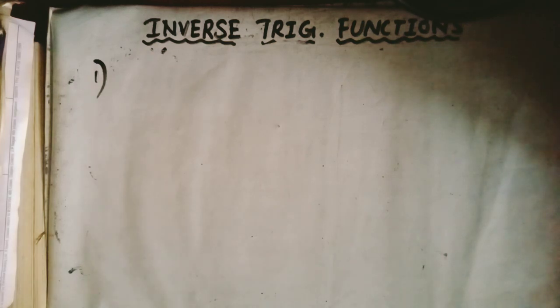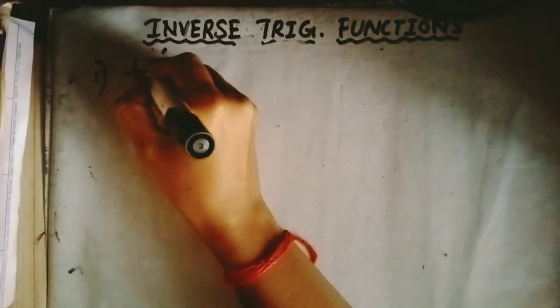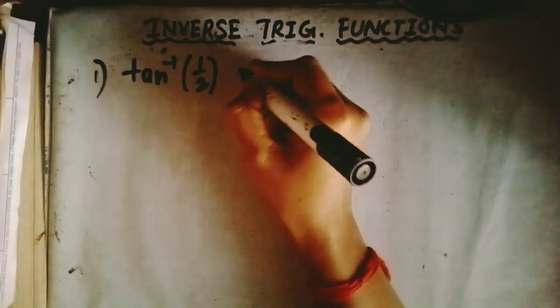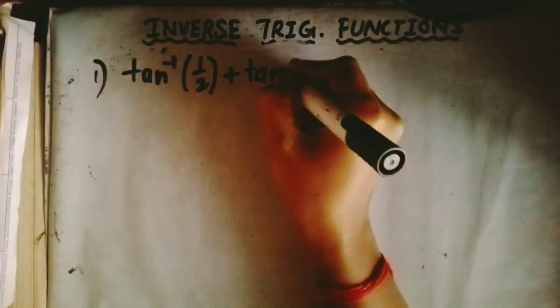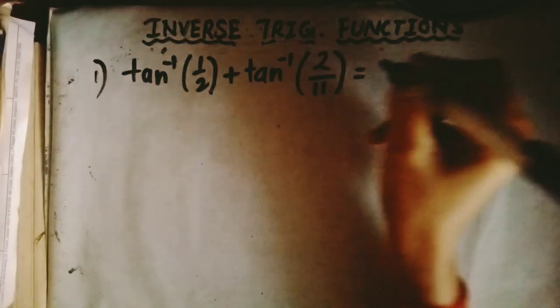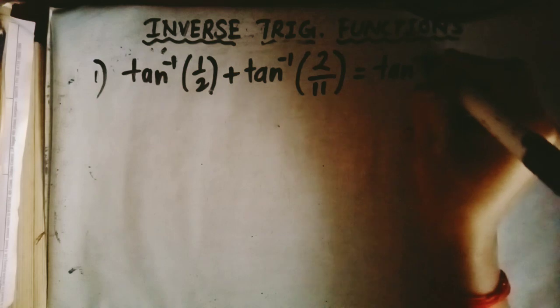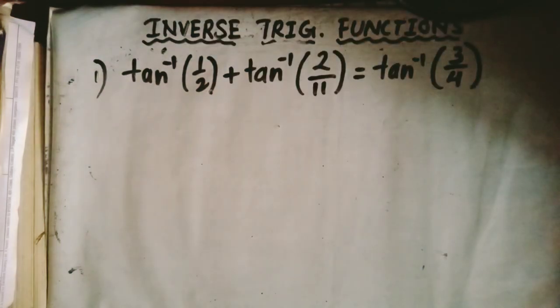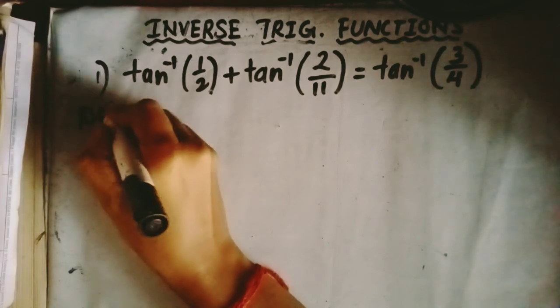Next question is you have to show that tan inverse half plus tan inverse 2 upon 11 is equal to tan inverse 3 by 4. So start with LHS.